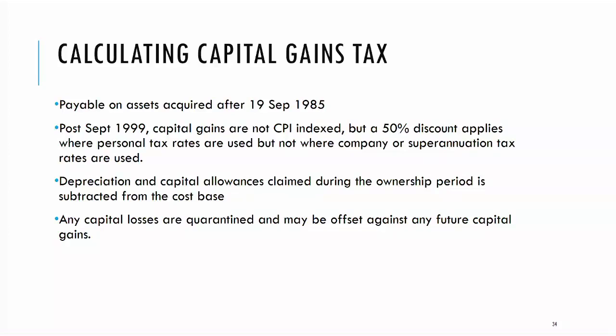How do we calculate the capital gain tax? That's important. Think. You bought a property and you keep it for 10 years. And you deduct depreciation and capital allowances throughout those 10 years.